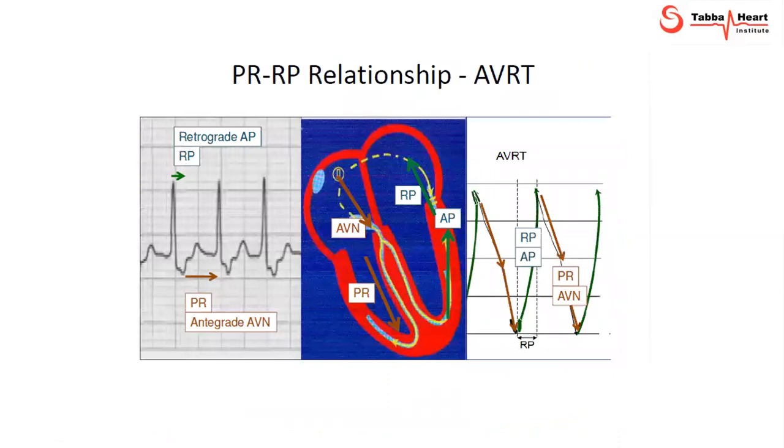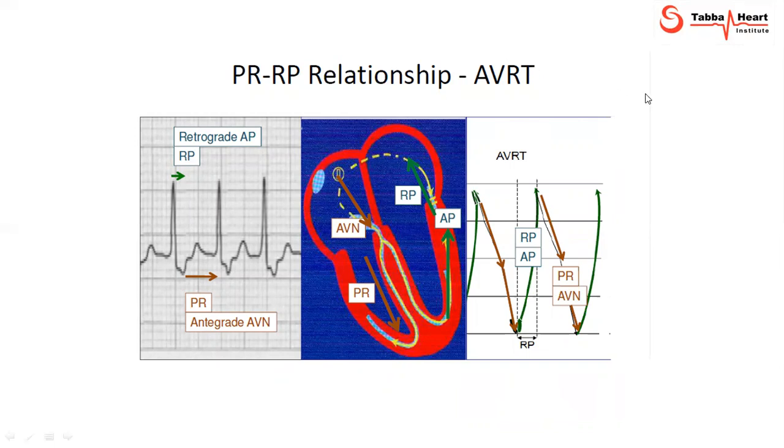In AVRT it is not simultaneous, it is sequential activation, right? Sequential means atrium, node, ventricle, pathway, atrium. So V to atrium via the pathway is going to be a little longer than the simultaneous activation of V and A in AVNRT.